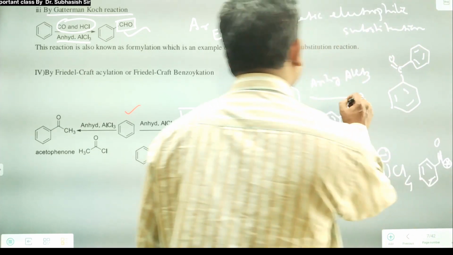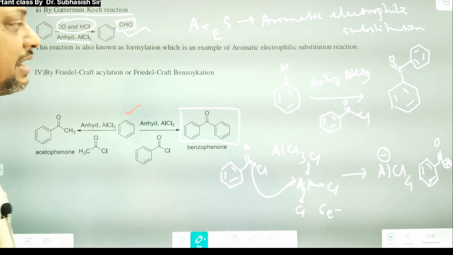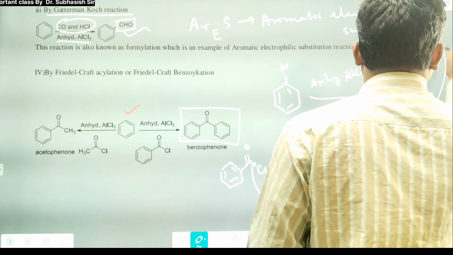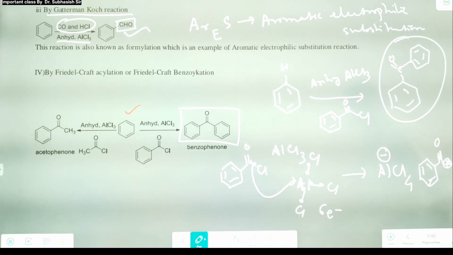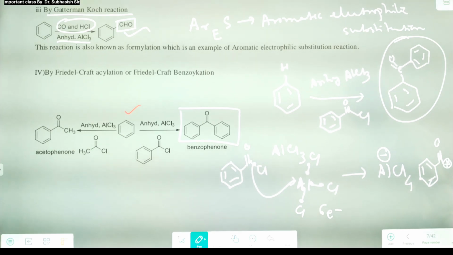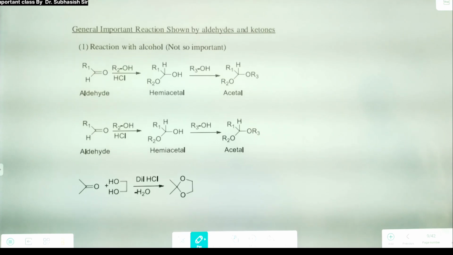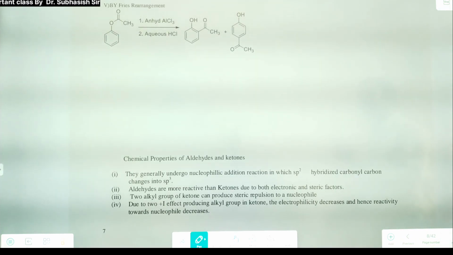Now this electrophile will replace this hydrogen, and you will get the product, this. It is also discussed in class 11, so I am not going into details about the mechanism of this reaction. So next is Fries rearrangement.